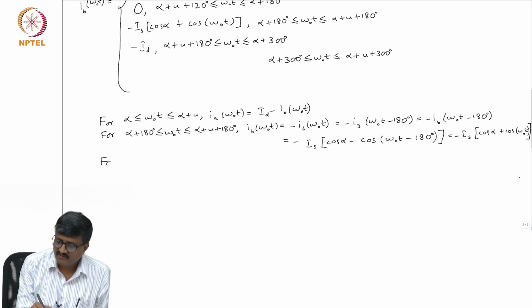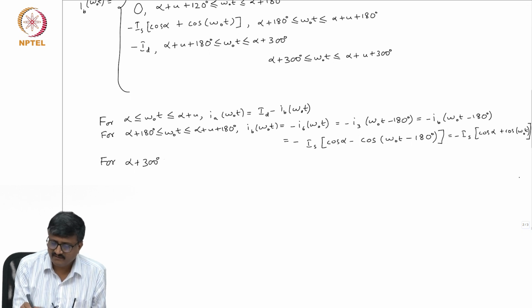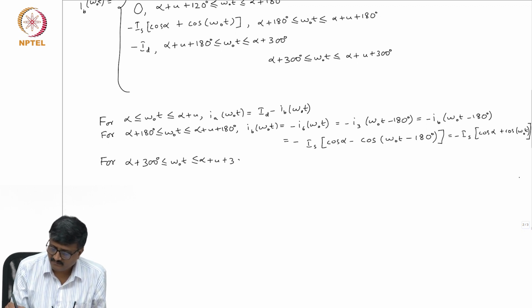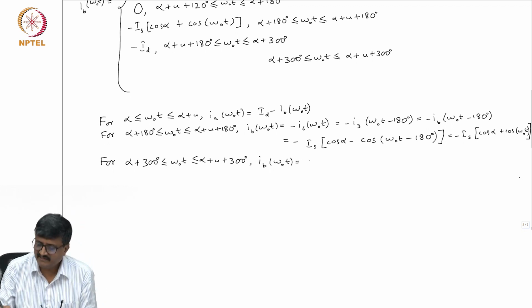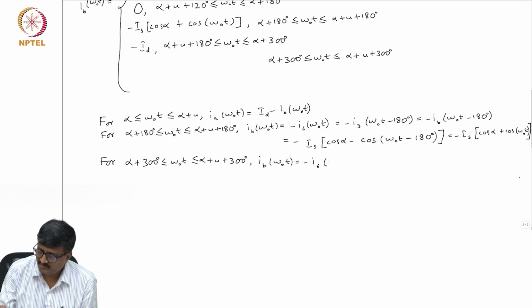For alpha plus 300 to alpha plus u plus 300, IB of omega OT is equal to minus I6 of omega OT.